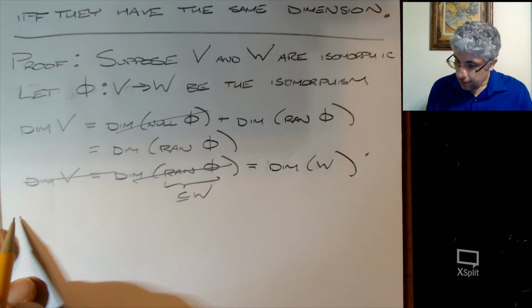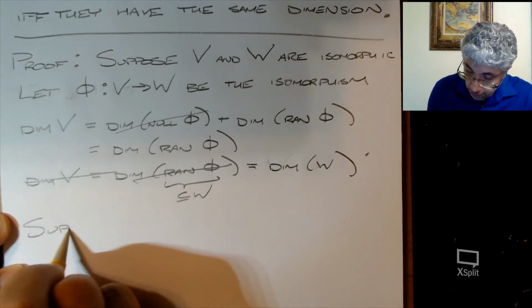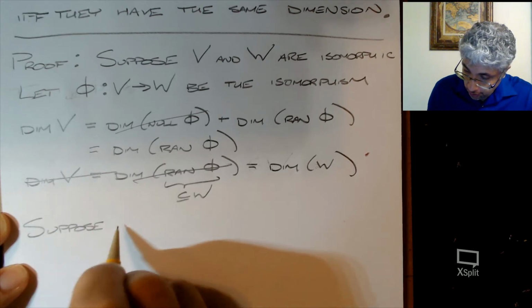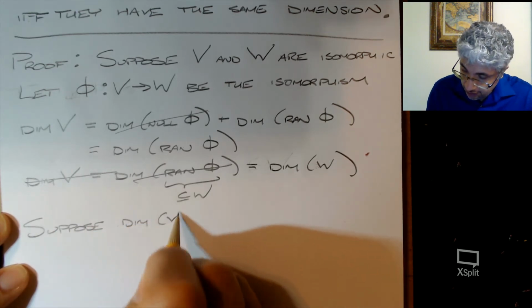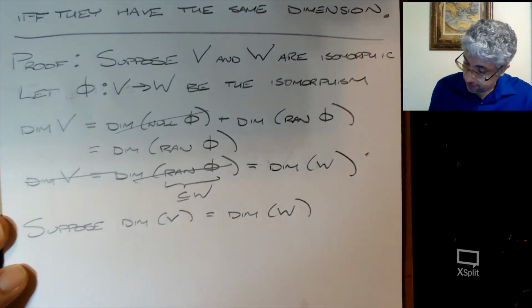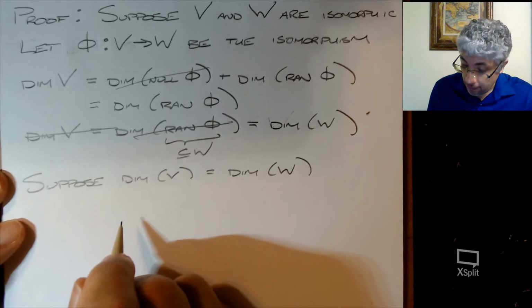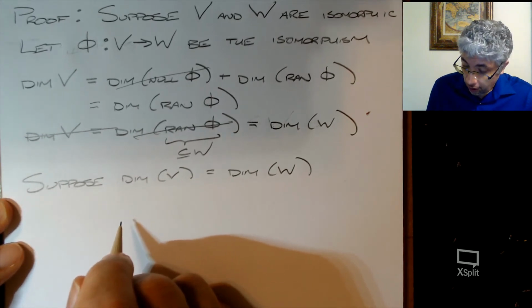Okay, other direction. Now we will suppose that the dimension of V equals the dimension of W. And I want to show that there's an isomorphism between them. Okay, so what do I know?